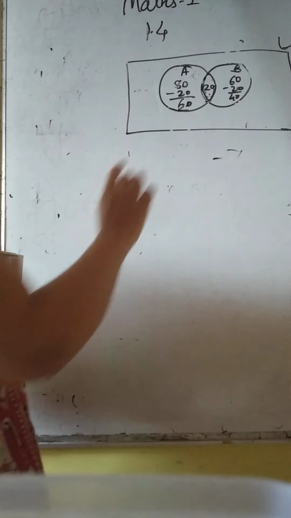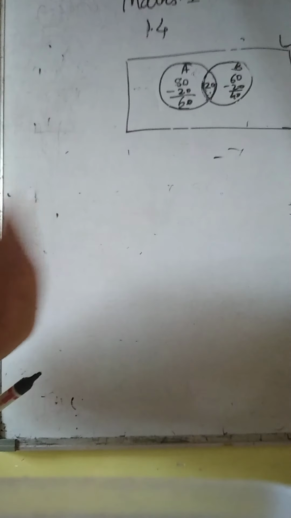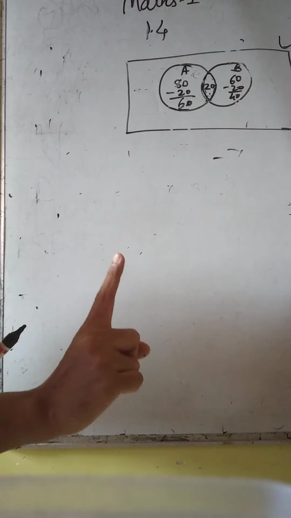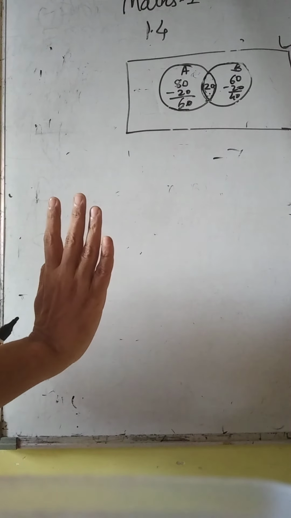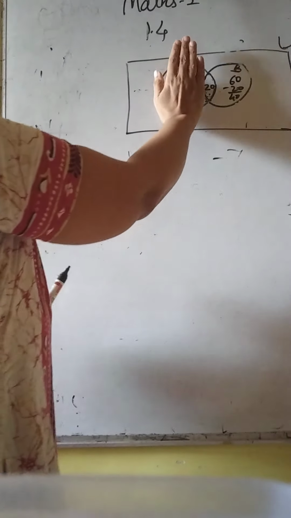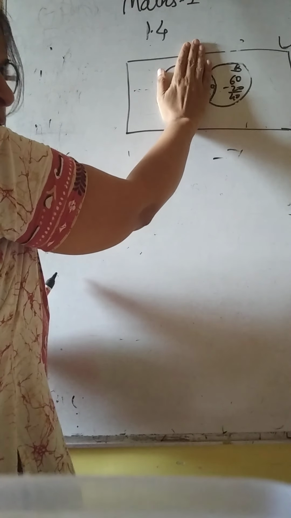Now, do you know what this means? These 60 people are only drinking tea, but they are not drinking coffee. Similarly, these 40 students are drinking only coffee.